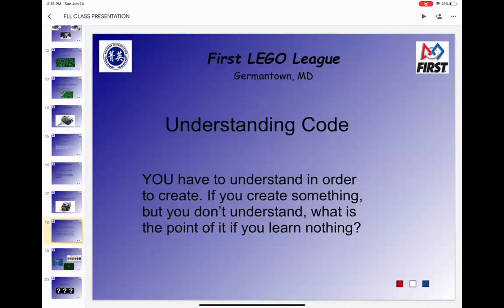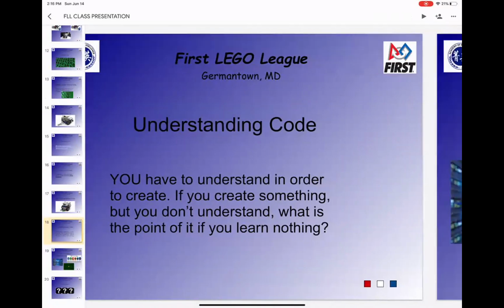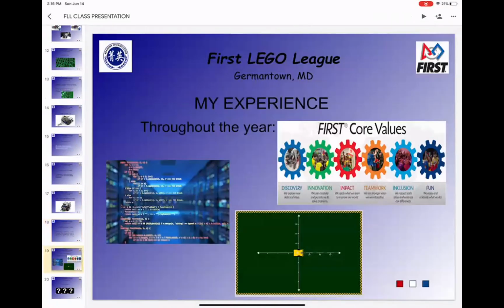Understanding code: you have to understand it in order to create. If you create something but you don't understand, that basically means you learn nothing. So what is the point? That's just what my dad taught me. And throughout my experience here in Lego FLL, I think these were the most important topics I learned. First there was core values, which played a big role, and then programming the EV3 bot.